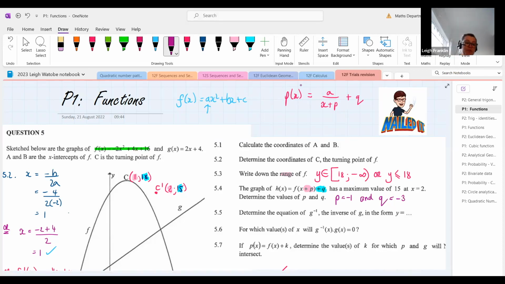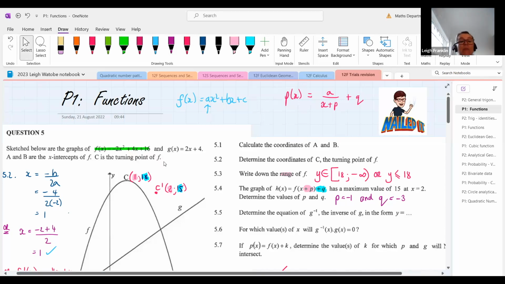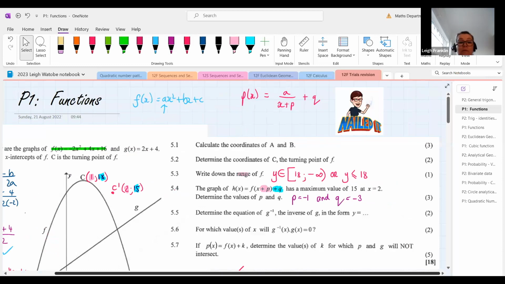Okay, the graph has shifted 1 unit to the right. So this is a translation. It's shifted 1 unit to the right. So p is equal to -1, because by subtracting 1 from x, I move the graph 1 unit to the right. And if I subtract 3 from 18, I'm going to end up with 15. So the graph has moved down 3 units. Perfect. Well done. Is everybody okay with that?